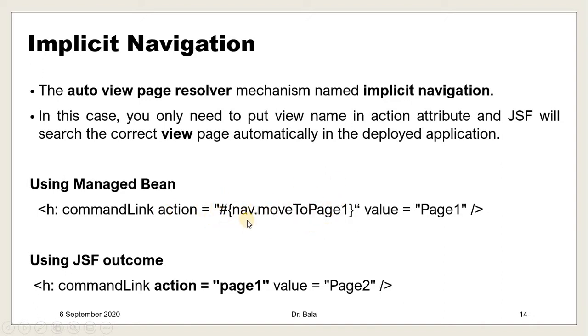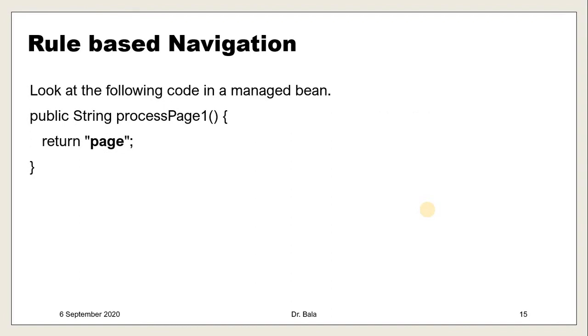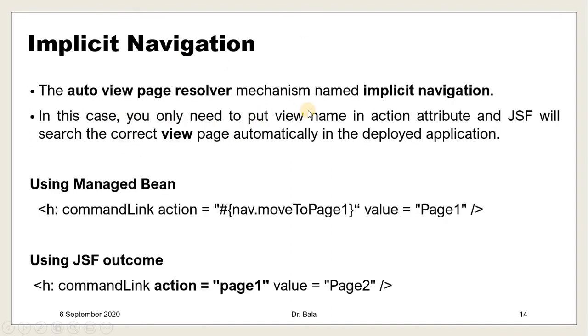So it is a managed bean property. Navigation, NAV, is the object name, and moveToPage1 is a method. In the method we will return the page where you want to go. For example, I will return the value page 1. I can show you the method here.